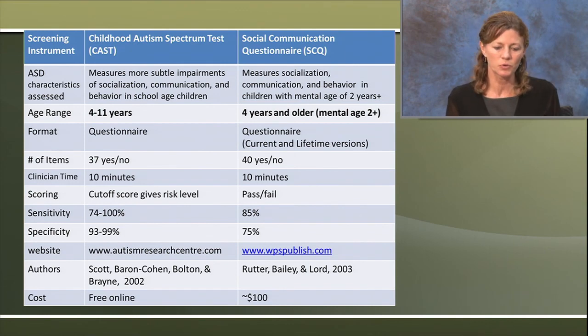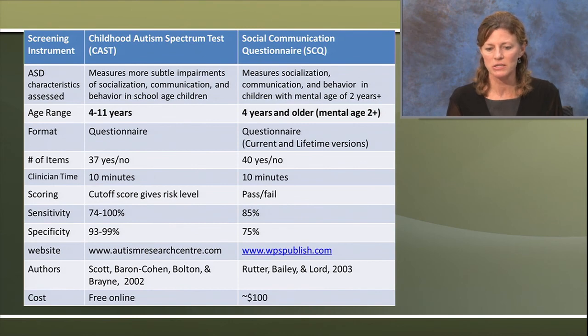If you look at this tool, you'll see that it's very language-based, so it's looking at those school-age skills, but it's also very behavioral-based too, looking at atypical behavior, so this makes a very strong tool for this age group. Again, about 10 minutes to complete. There's 37 yes-no questions that are to be answered.